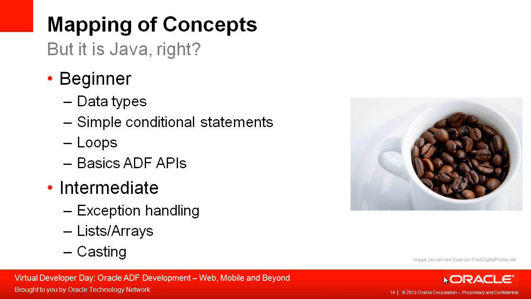But the key point here is that with Oracle ADF, the amount of Java knowledge you require, certainly at the beginning, is relatively basic, and as you learn more Java, you can exploit more features of the underlying platform as well. So let's see all of this in a demo.